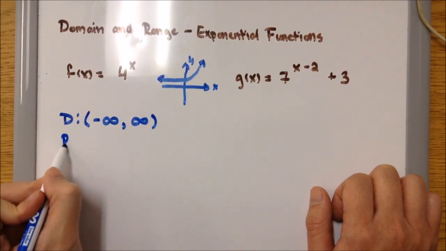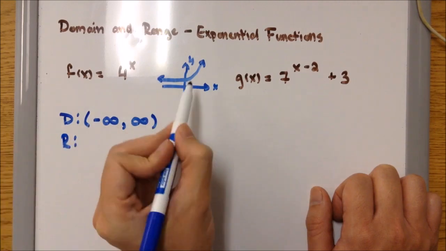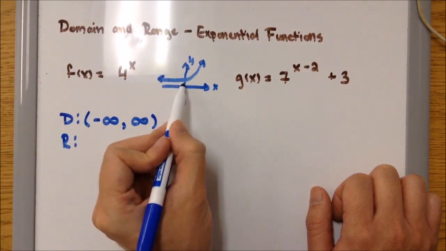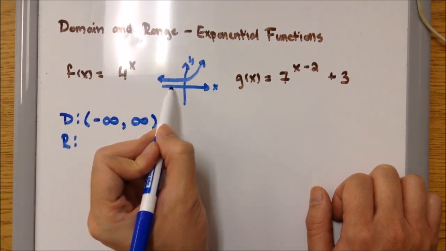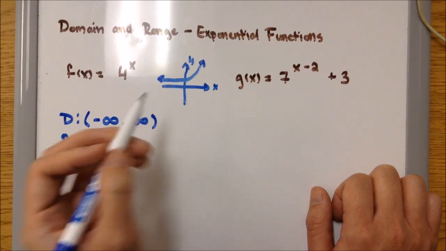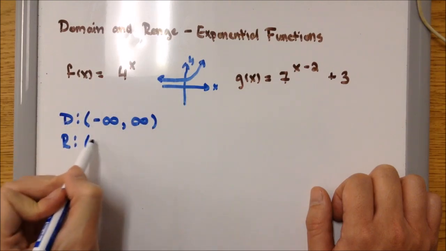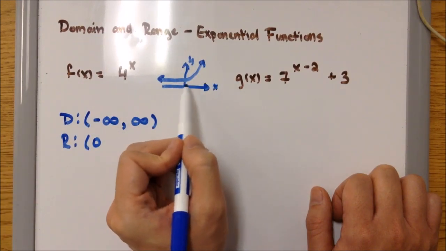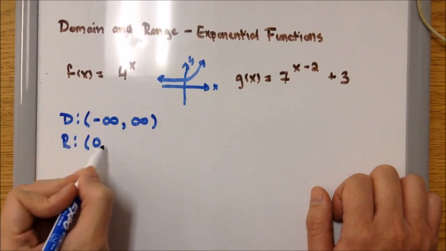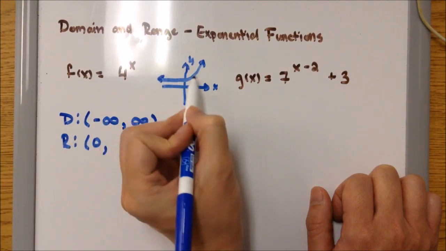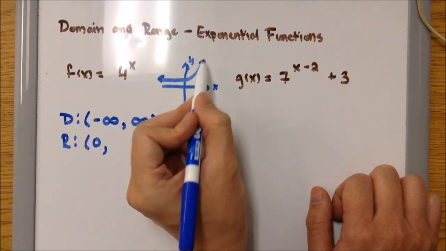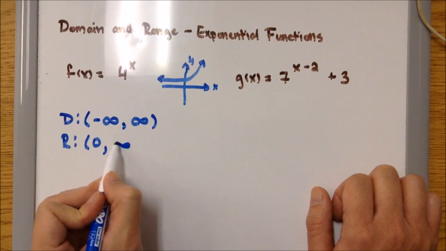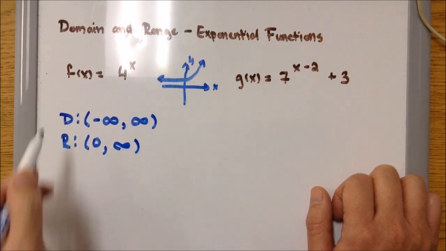For the range, the bottom of this graph is going close to the x-axis, so that means y equals 0. I'm going to use parentheses with 0 because the graph will never touch the x-axis nor cross it. That's the bottom. The top is going upward continuously, so I'm going to use positive infinity.